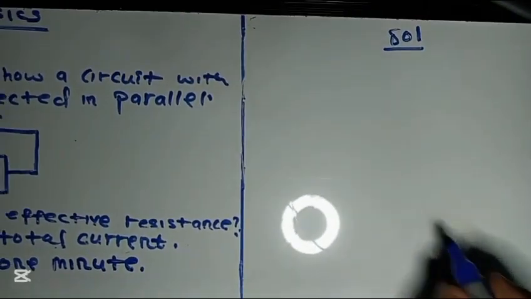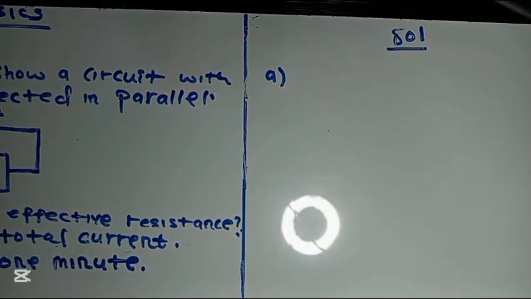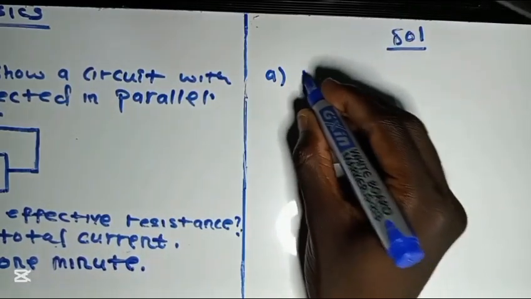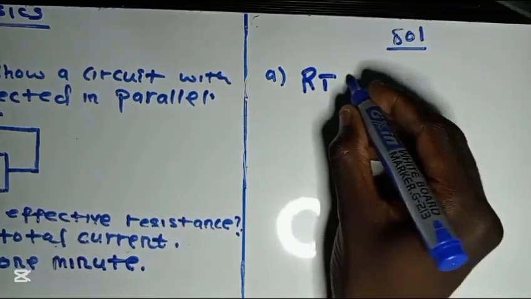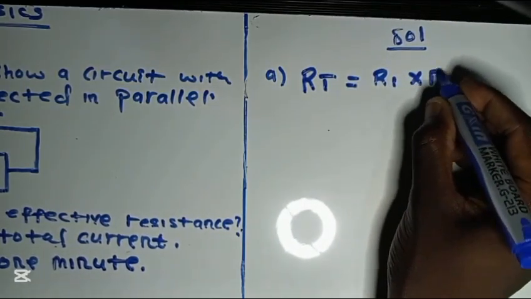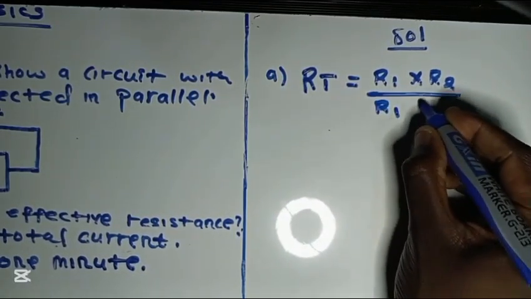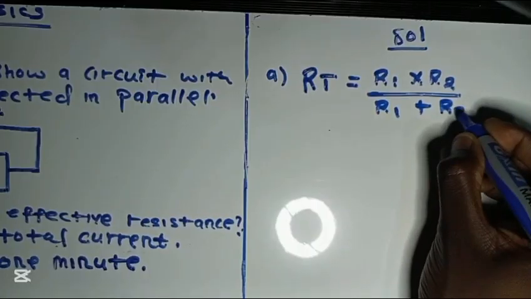Okay, so the first question says, what is the effective resistance? The formula for resistance in a parallel circuit is RT equals R1 multiplied by R2 divided by R1 plus R2.